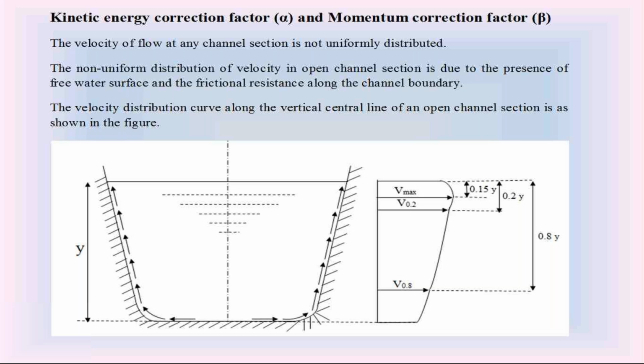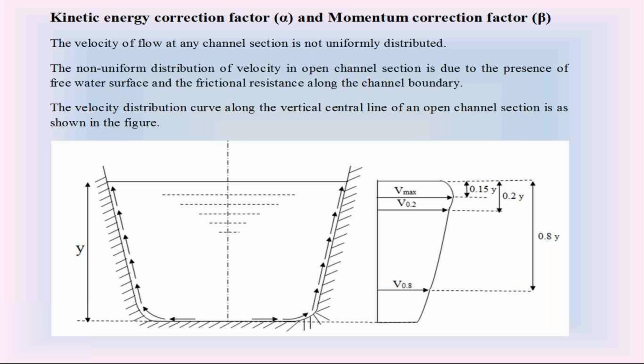By using that mean velocity, we can calculate the kinetic energy and linear momentum in open channel water flow, but it is not the actual kinetic energy and actual linear momentum because we use the mean velocity, not the actual velocity. To calculate the actual kinetic energy and actual linear momentum, we apply two correction factors in open channel flow.